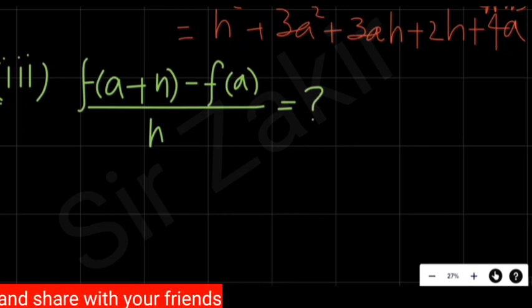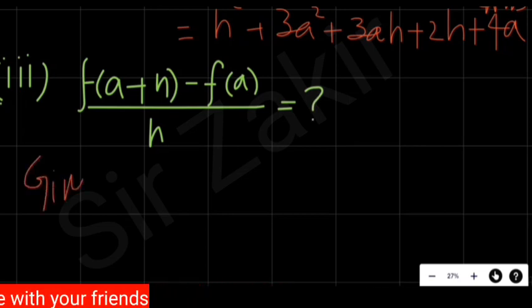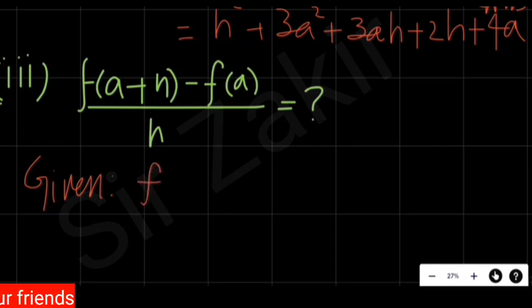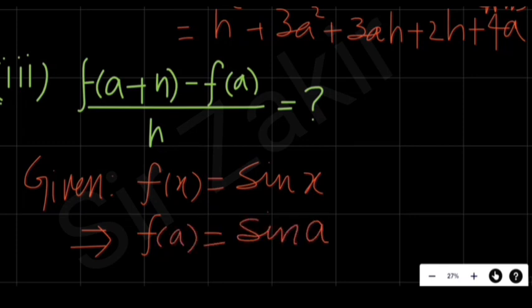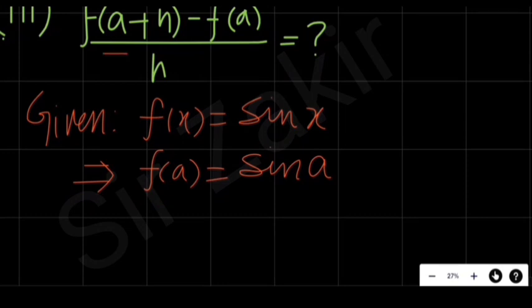Whether this expression is required, given is f of x. F of x is sin x. We convert it into f of a. F of a is sin a. The other thing is, from required we see f of a plus h. So we replace x by a plus h. It becomes sin of a plus h.